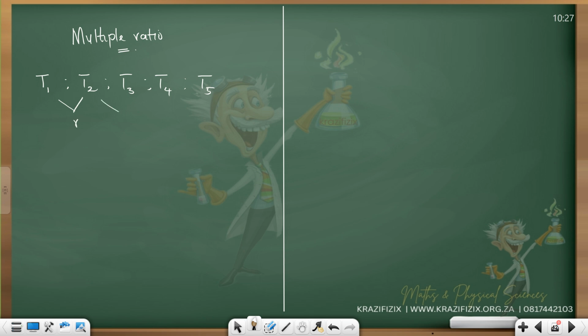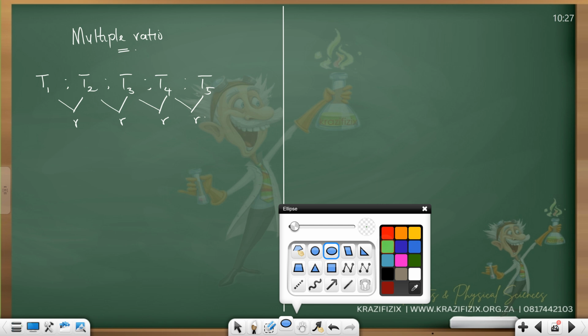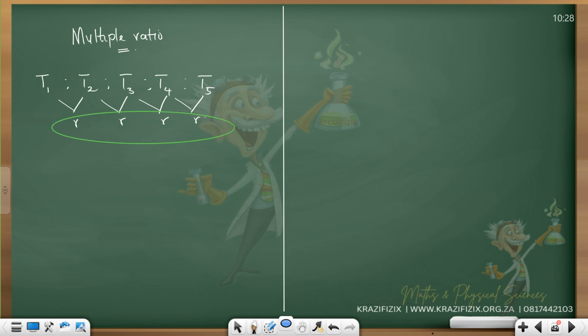Here there's a ratio, there's a ratio, there's a ratio. Between T1 and T5, how many ratios do we have? Now, I want you to remember that these ratios we are multiplying. We multiply by the ratio to get the next one. So it means we have 4 of them, r to the power 4.